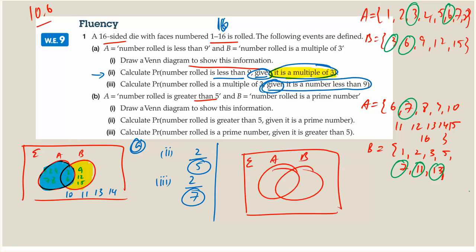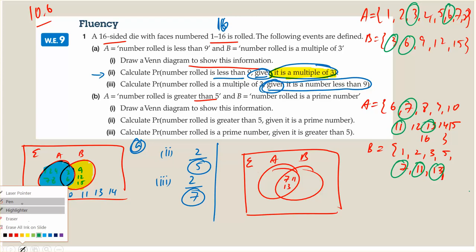Okay, so let's continue. In A we've got 6, 8, 9, 10, 12, 14, and 16 up the top.